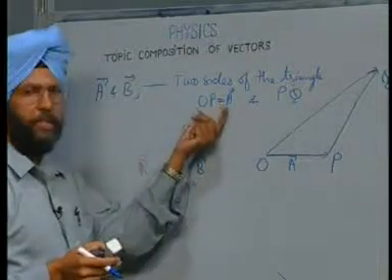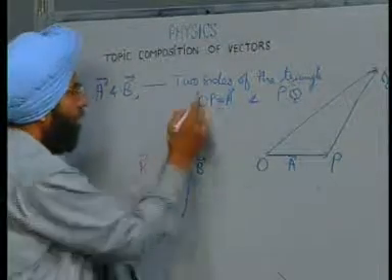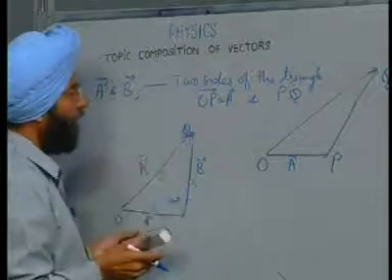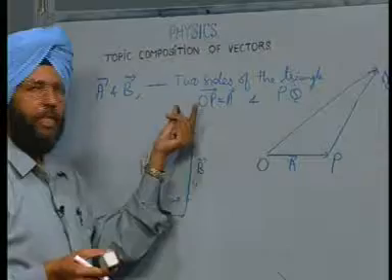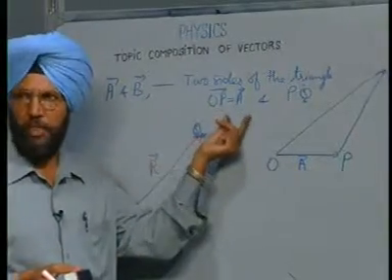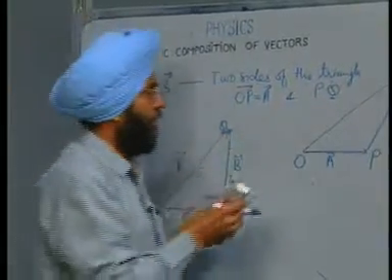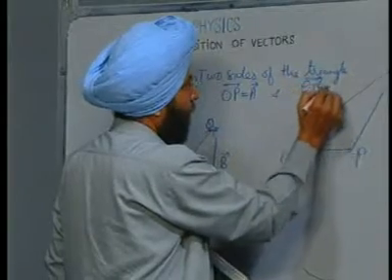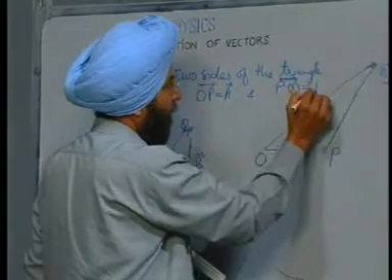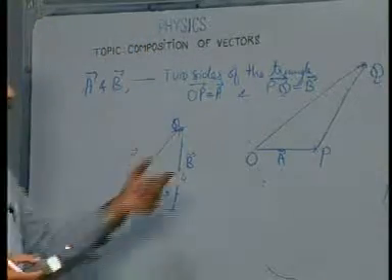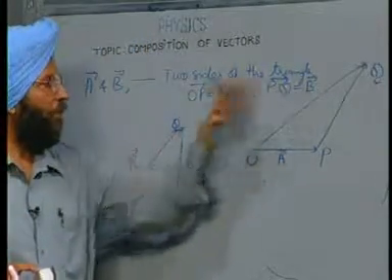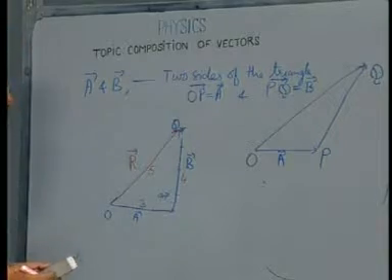OP represents A vector means OP vector is equal to A vector, magnitude of OP is equal to magnitude of A, direction of OP is equal to direction of A. Similarly, magnitude of PQ is equal to magnitude of B and direction of PQ is direction of B.